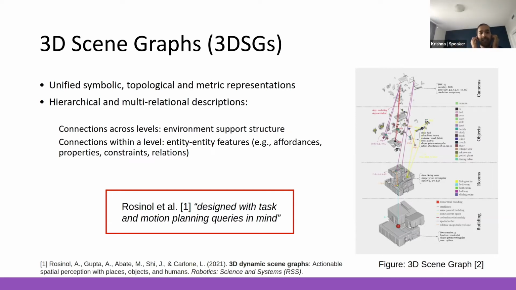What's largely accepted as a 3D scene graph these days in the robotics community is some kind of hierarchical organization of an environment. In this image, you can see one example of a 3D scene graph where you have a building, and that building is divided into rooms, and rooms are further subdivided into objects, and then objects can also have some properties of their own.